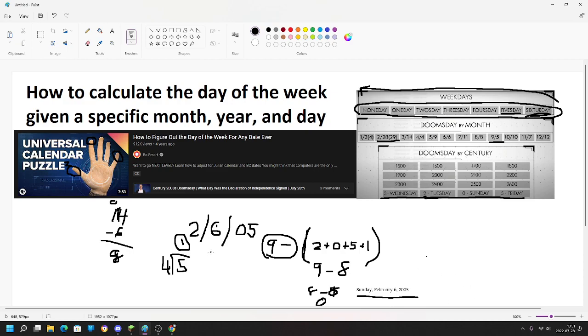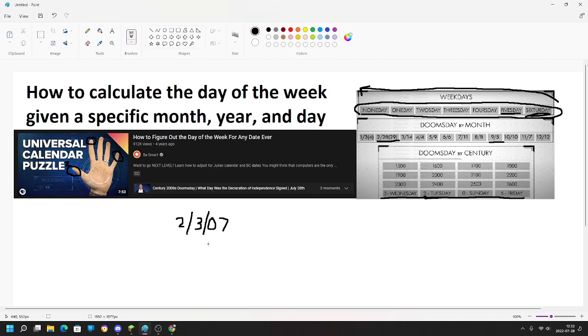I messed up. Let's try February 3rd, 2007. Now, 14, 13, 12, 11. So we will subtract 11 from our final answer. Year code is 2, because it's off of here. How many times does 12 go into 07? 0 times with 7 left over.